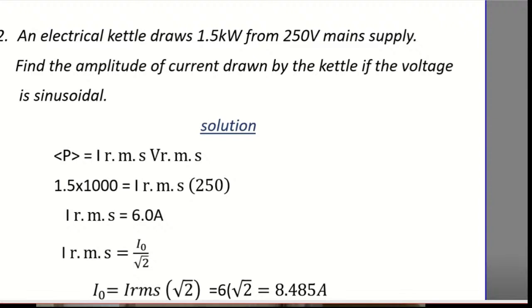So our interest is to get the RMS value of current, from which we'll get the amplitude of the current.